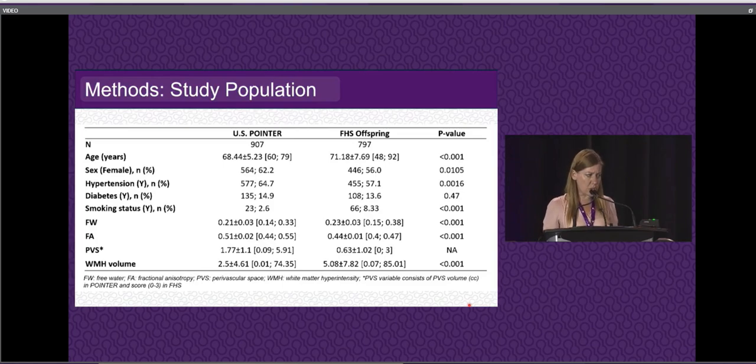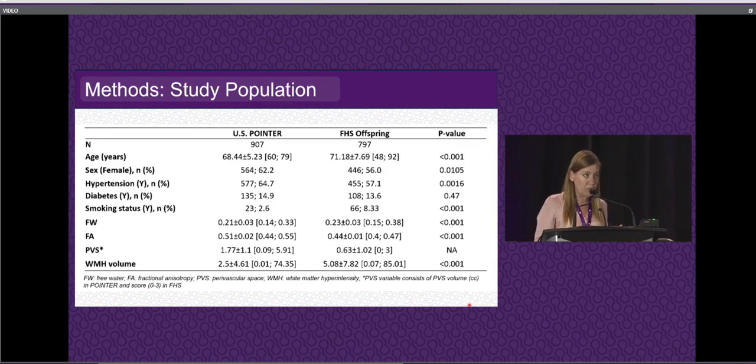So this slide summarizes the two study populations, and while POINTER and Framingham both include older participants, they differ in terms of ethnic and racial composition, in terms of inclusion criteria, but also in terms of study design.